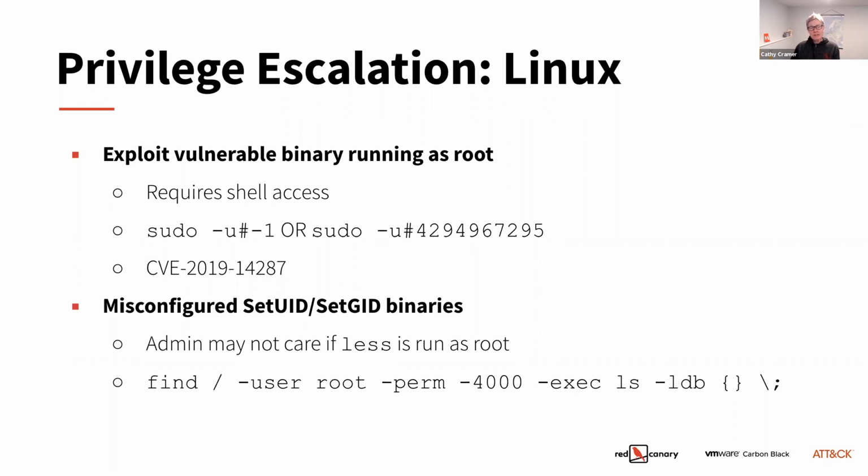Normally, an attacker is going to try to obtain shell access in order to get privilege escalation on Linux, either remotely or with physical access if you have someone in your environment, but hopefully not. Once they have that shell access, they are going to look for a vulnerable process that they can launch and exploit to escalate their privileges.